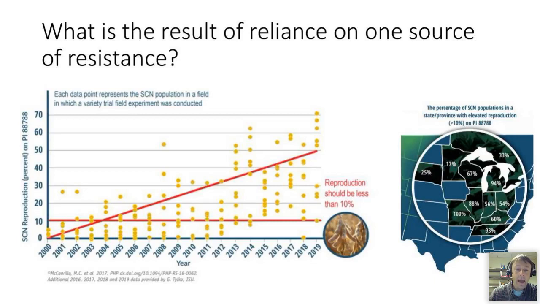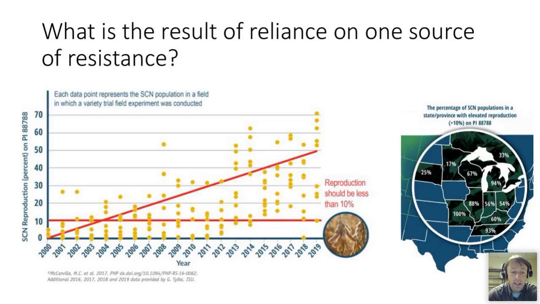So this y-axis is showing how these nematode populations reproduce on PI 88788 relative to a susceptible variety. So if you have a really high value, close to 100%, it basically means that PI 88788 is doing nothing. A really low value means that 88788 is giving you perfect control.